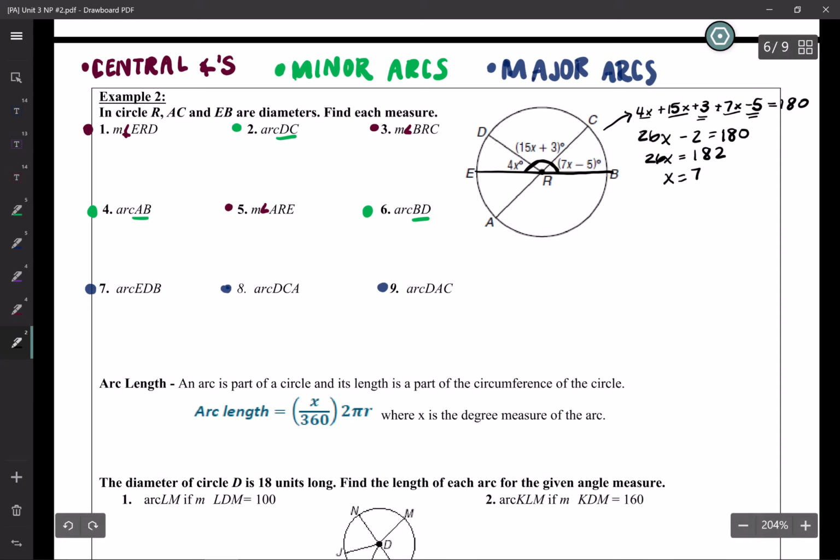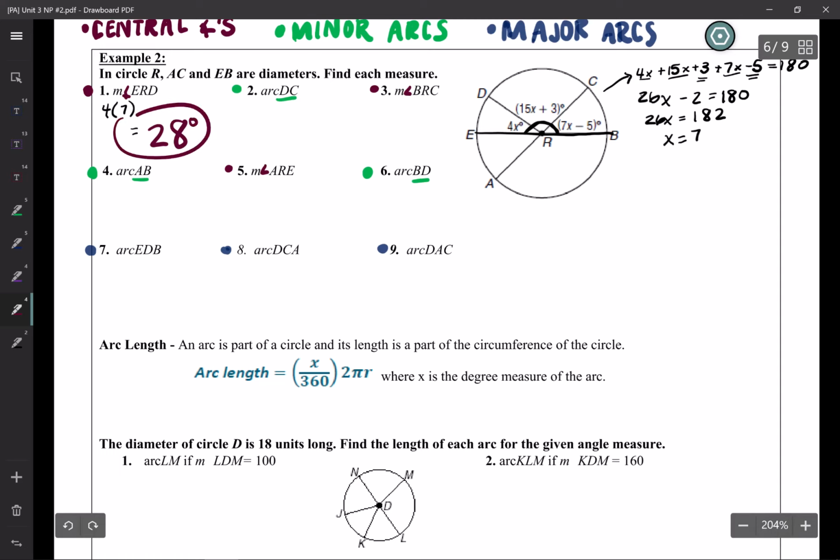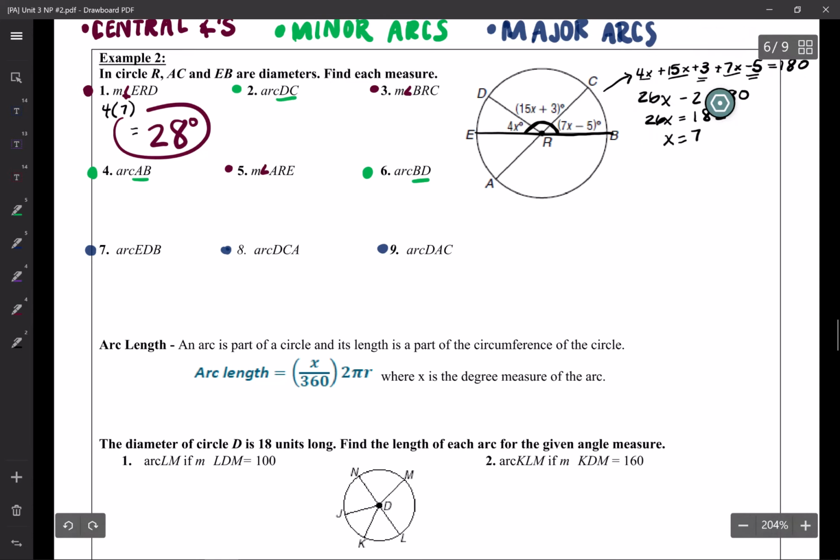Okay, so now that I know x equals 7, all I do is plug it in to find these angle measurements they're looking for, right? So angle ERD, that's just 4 times 7. That gives me 28 degrees. Okay, measurement BRC, I'm going to make sure these are color-coded so you guys could differentiate them.